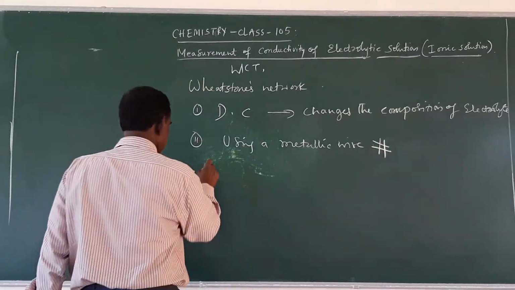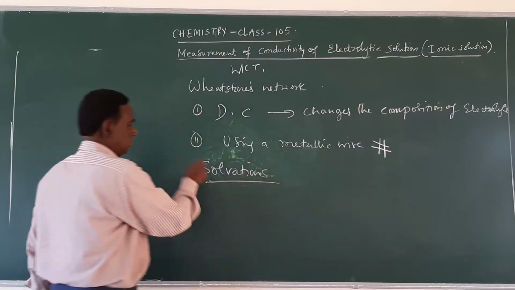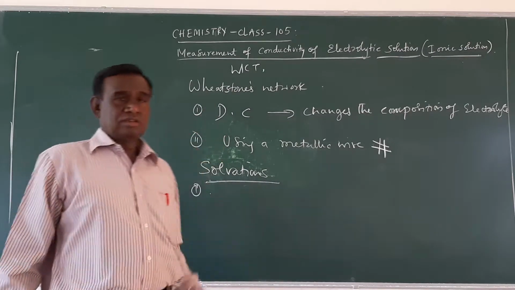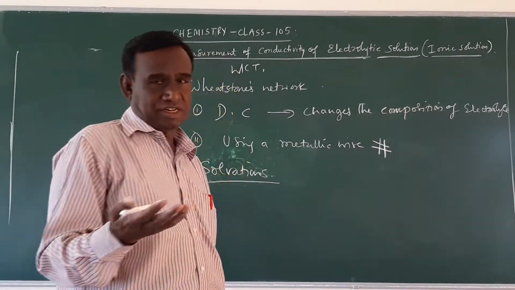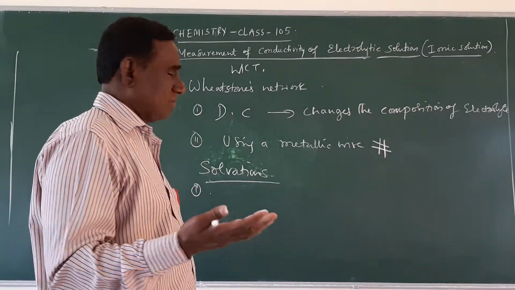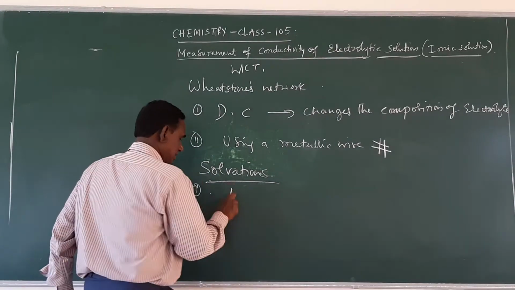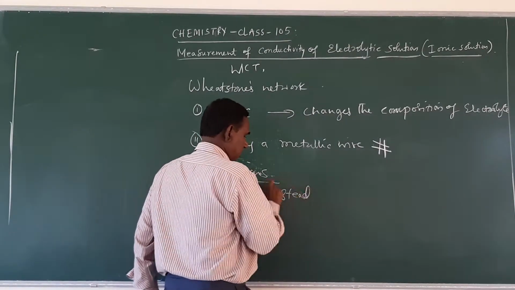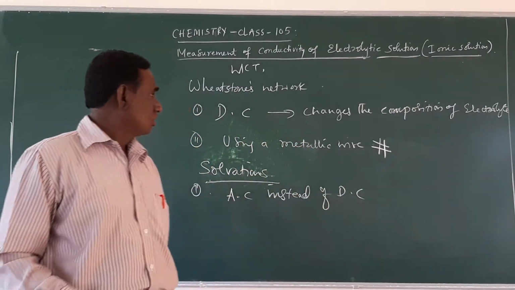Next, the solutions. How do we solve these problems? The first problem, passing of DC current, can be solved by passing AC current instead of DC current through the electrolyte solution.